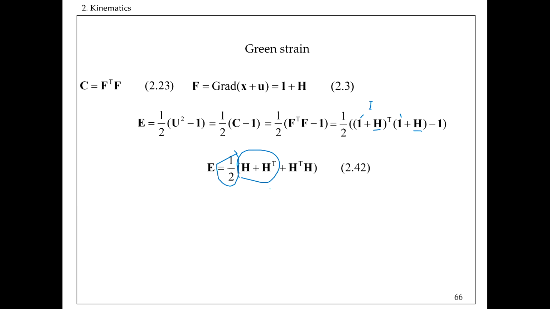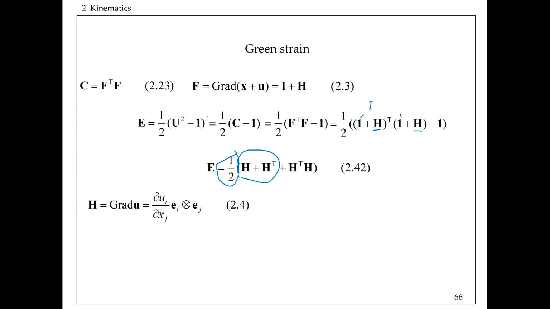Let's substitute our definition of the displacement gradient, gradient u. To simplify things, at this point we'll just look into the components. We'll forget about tensors and just write the indices of the components.